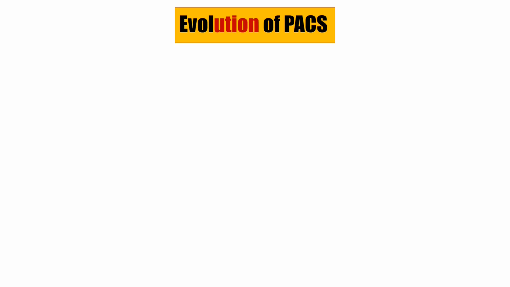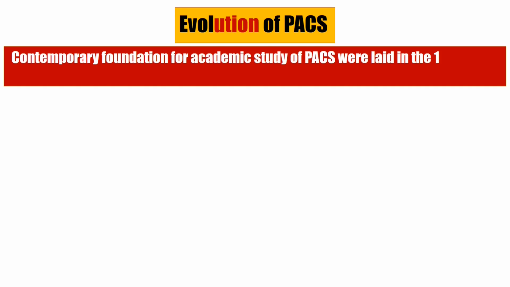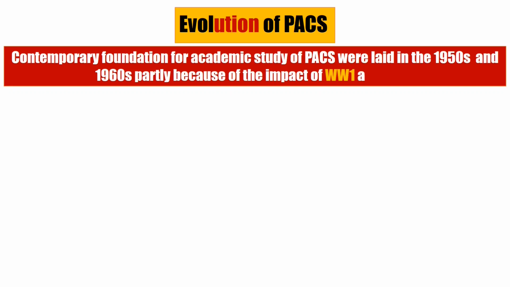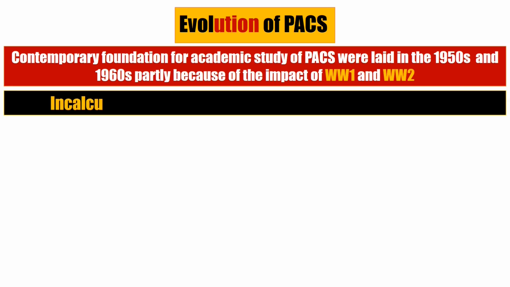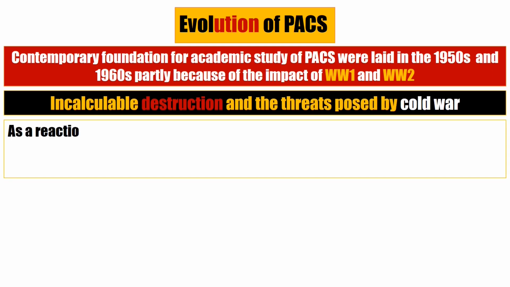Evolution of peace and conflict studies. Contemporary foundation for academic study of peace and conflict studies were laid in the 1950s and 1960s, partly because of the impact of World War I and World War II, incalculable destruction, and the threats posed by Cold War.